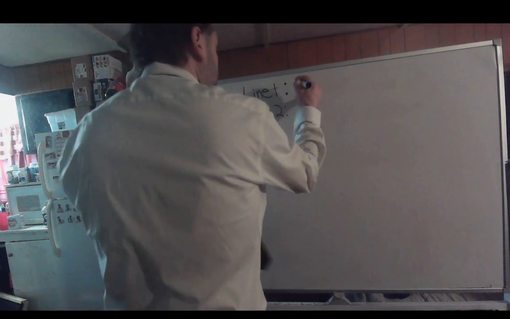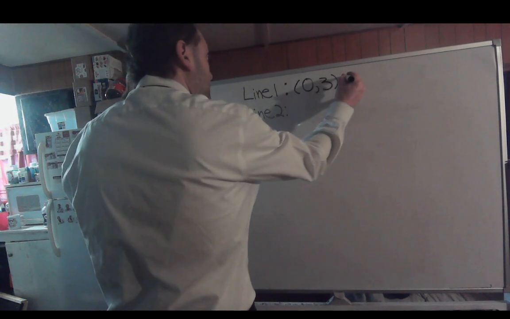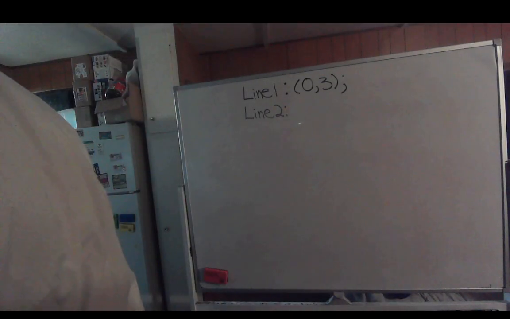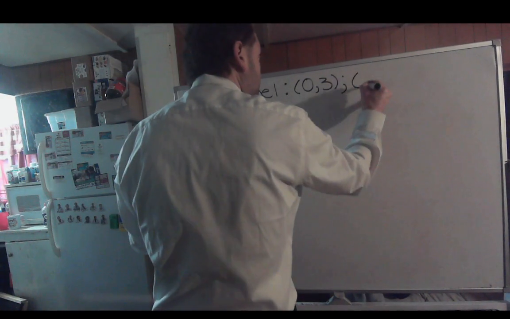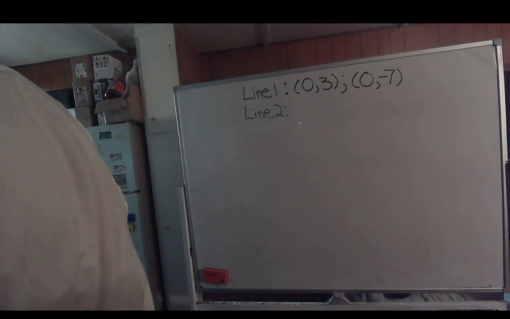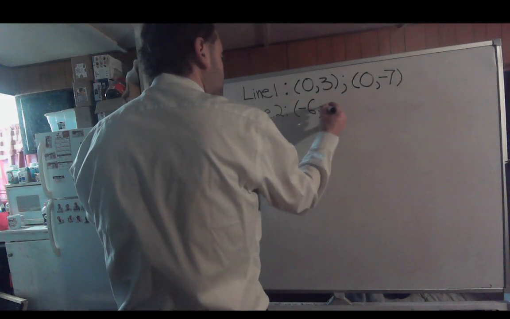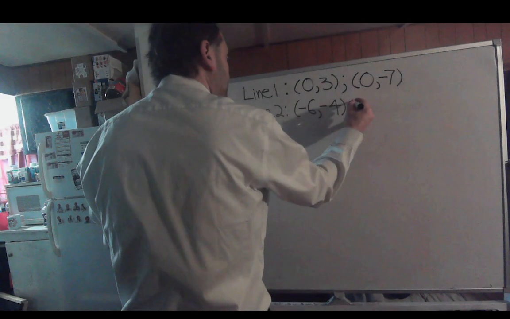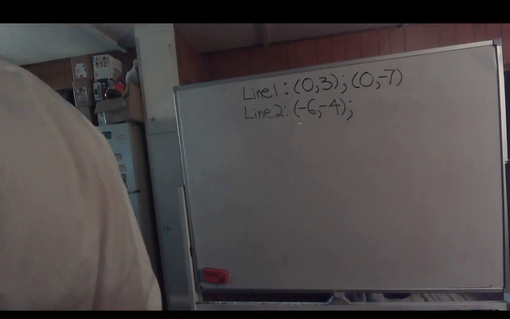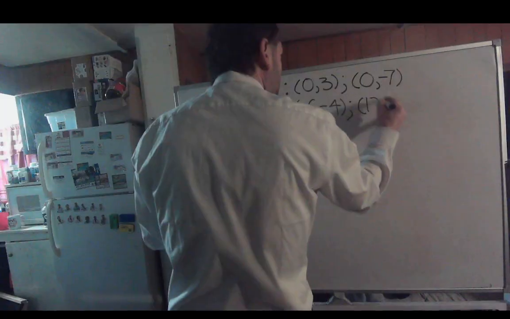So this time, line 1 goes through the point 0, 3, as well as 0, -7. Line 2 goes through -6, -4, and the point 12, -4.